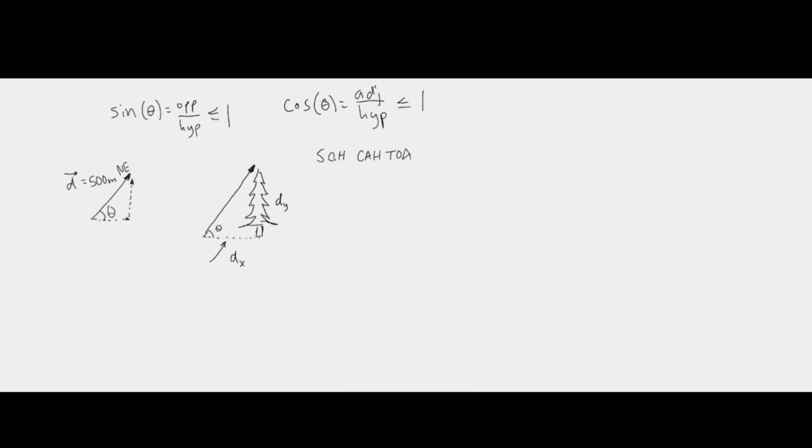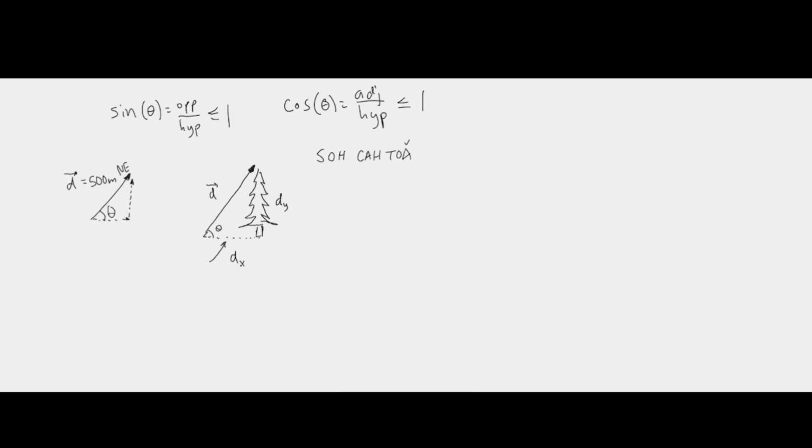So I see that sine has the opposite over the hypotenuse. Well, unfortunately, I don't know anything about this hypotenuse d at this point. The cosine tells us about the adjacent and the hypotenuse, and the tangent tells us about the opposite and the adjacent.